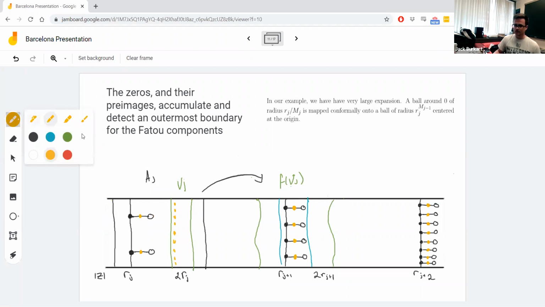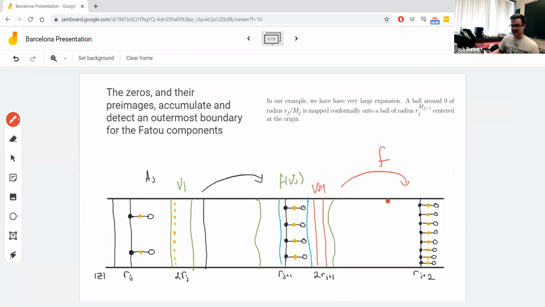All right. Because F of Vj contains Aj plus 1, I can draw Vj plus 1 in red right here. And if I apply F one more time, that's going to map onto something that covers Aj plus 2.